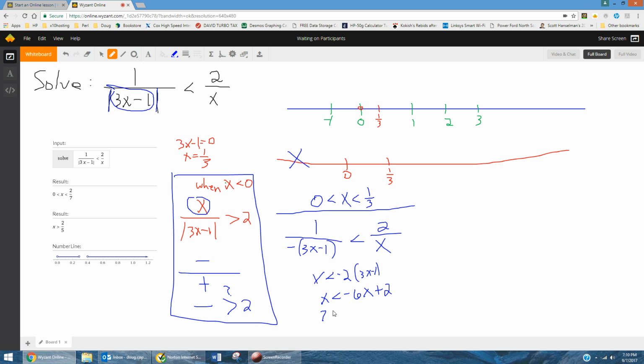Add 6x to both sides. 7x is less than 2. Divide by 7. x is less than 2/7. So for the numbers between 0 and 1/3, the numbers that satisfy this inequality are the ones that are less than 2/7, which is, let's say, right here. That's these numbers right here.